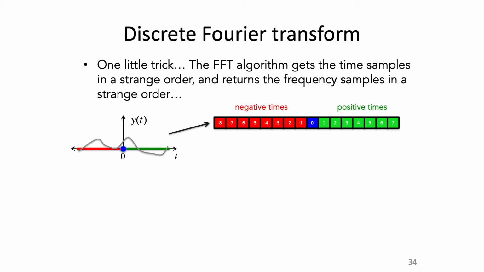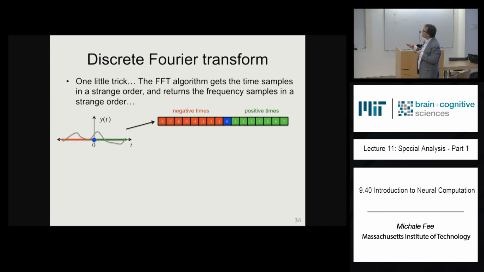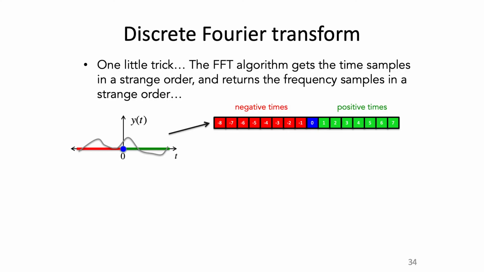So just one more little thing that you need to know about the FFT algorithm. So remember, we talked about if you have a function of time, negative times are over here, positive times are over here. You can sample your function at different times and put those different samples into an array.